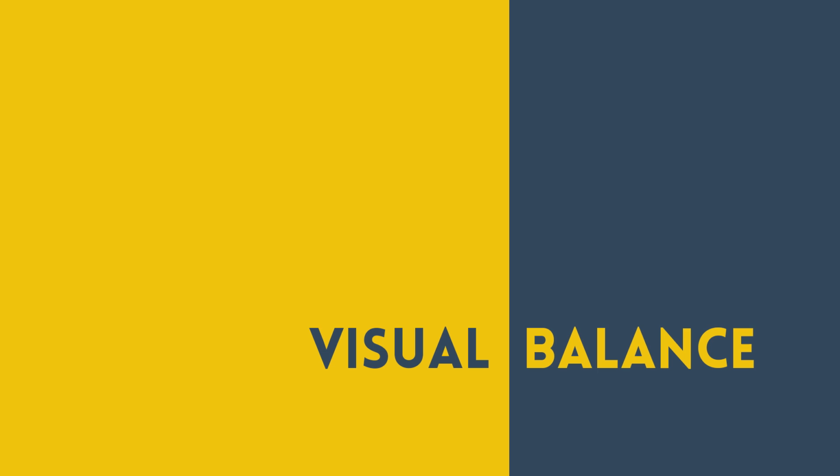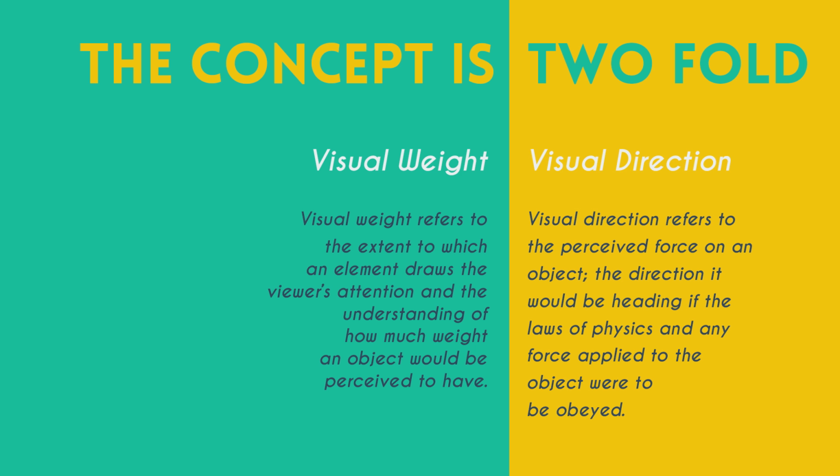So let's start off with visual balance then. The concept is twofold. There's visual weight and visual direction. Now, visual weight refers to how much an object draws the viewer's attention, and the understanding of how much weight an object would have if it were to exist. That's what we mean when we say visual weight, the amount of attention an element draws.